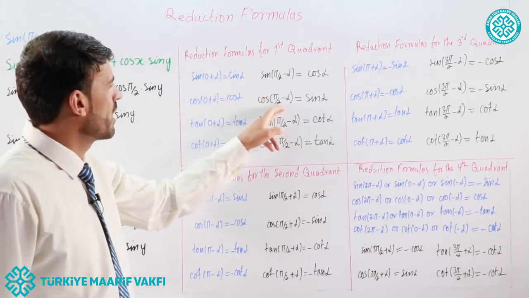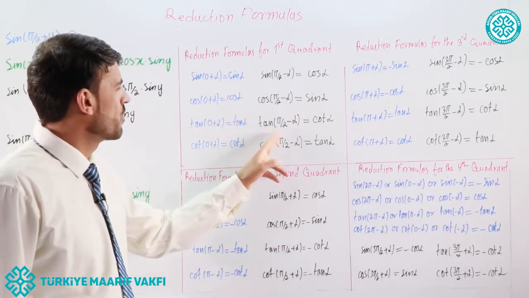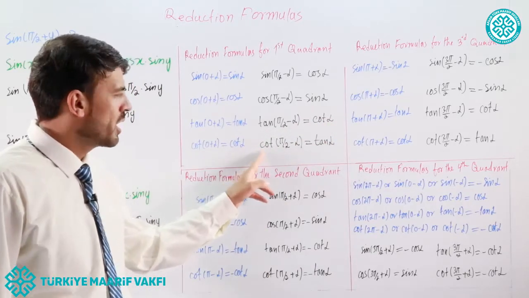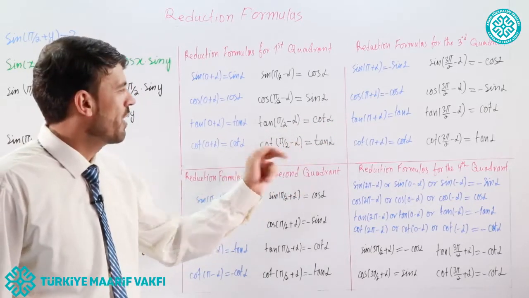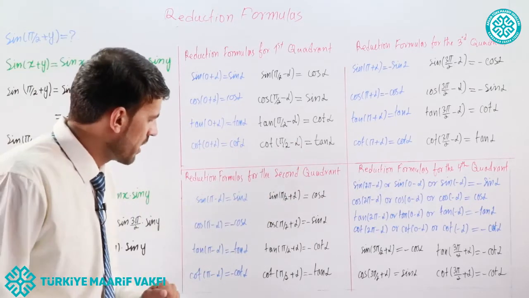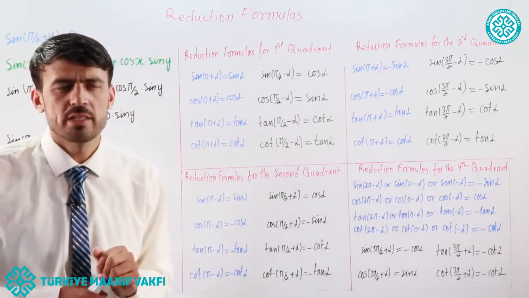Cosine of pi over 2 minus alpha is equal to sine alpha. Tangent of pi over 2 minus alpha is equal to cotangent alpha. Cotangent of pi over 2 minus alpha is equal to tangent alpha. And also the same for the other quadrants.